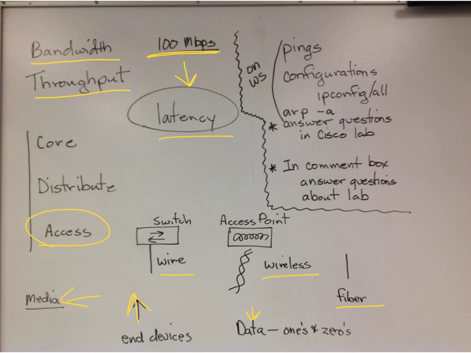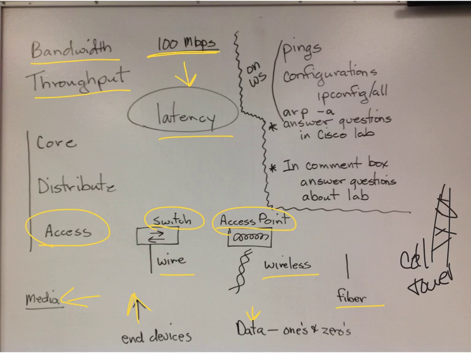And we talked about what kind of devices connect to a switch or an access point, or we could also connect your device to a cell tower. You can read that, cell tower. Those funny items on top, signal go to and from those. There's a couple other ways too that we'll talk about.